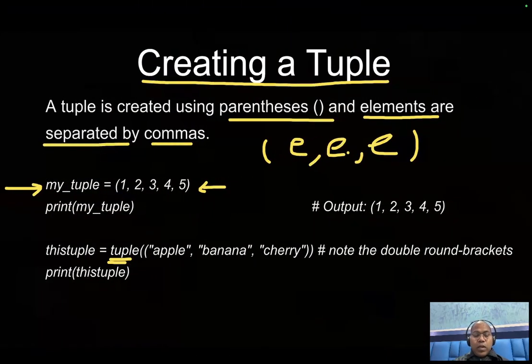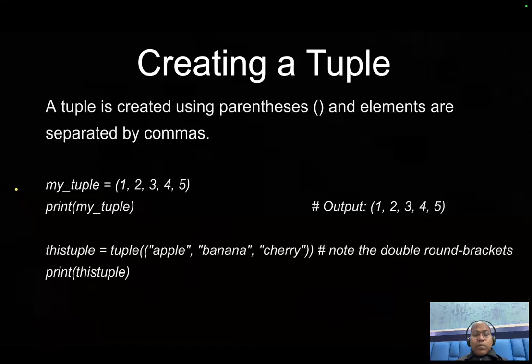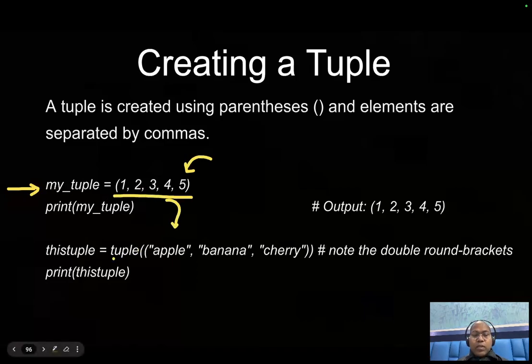So you can create a tuple using direct parentheses, or with the same syntax, to make the code more readable you can pass the values inside the tuple constructor. This is the tuple constructor and the same values you can pass here. I can also create tuples this way.